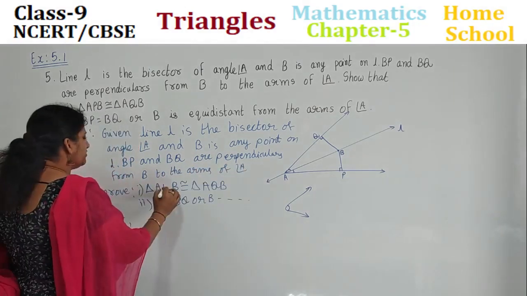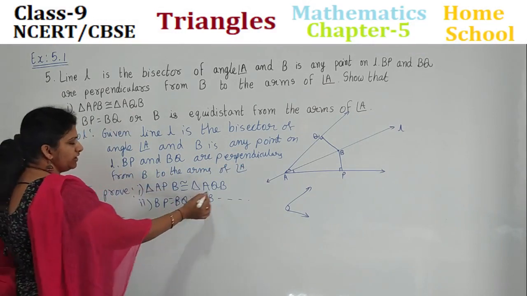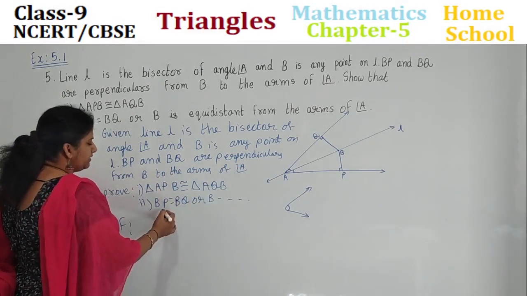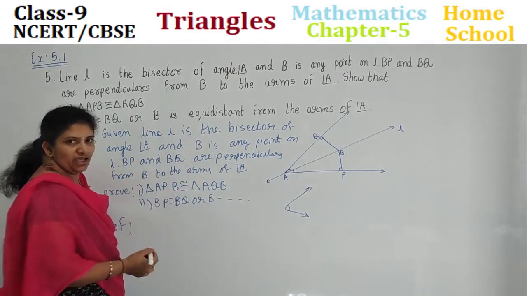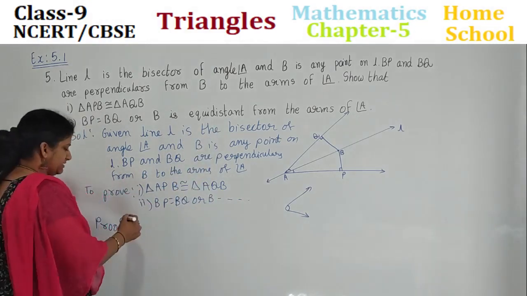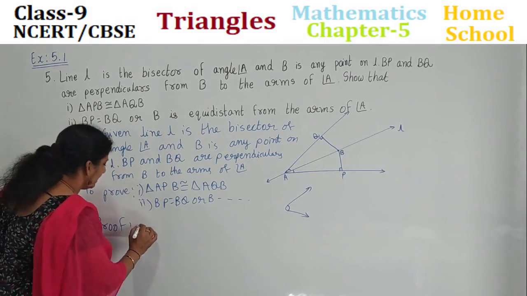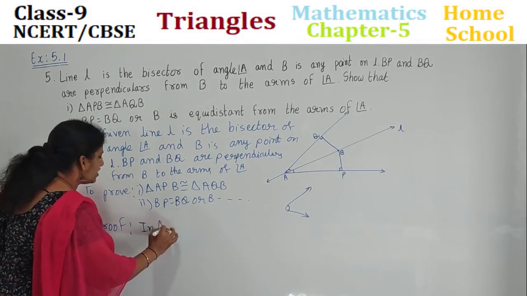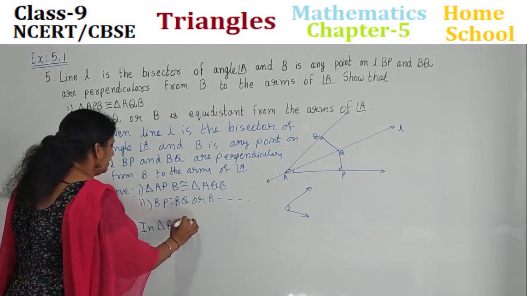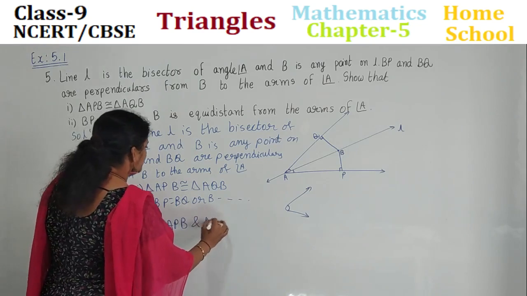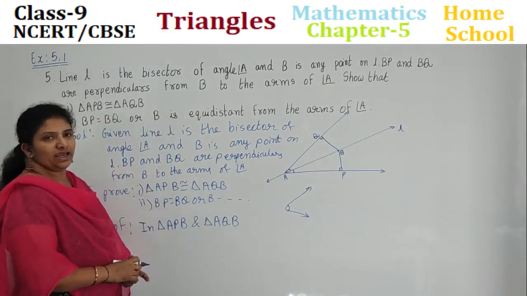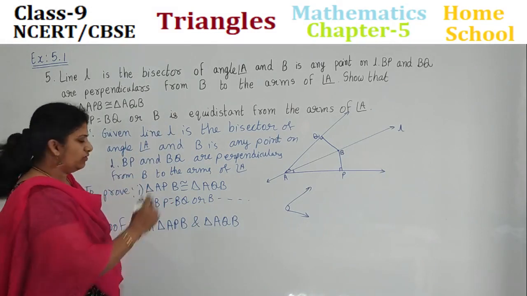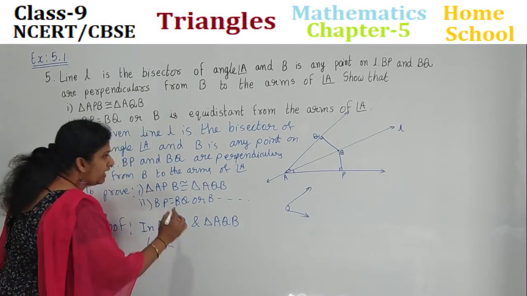What to prove, children? Triangle APB is congruent to triangle AQB, and BP is equal to BQ, or B is equidistant from the arms of the angle A. You can continue, children. Next, proof. In triangle APB and triangle AQB, what can you say?